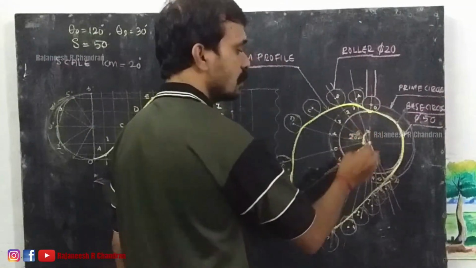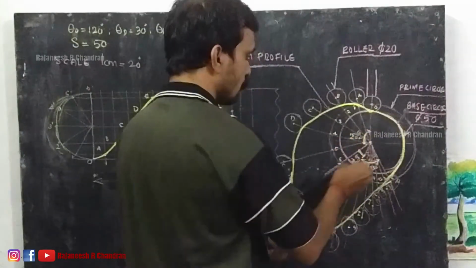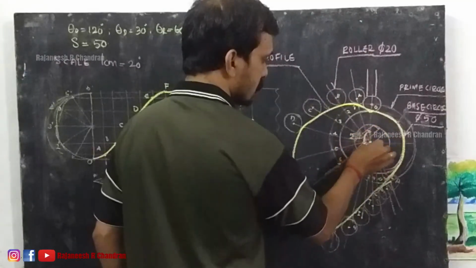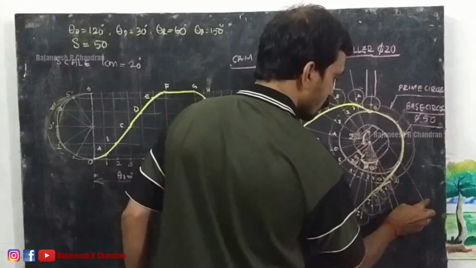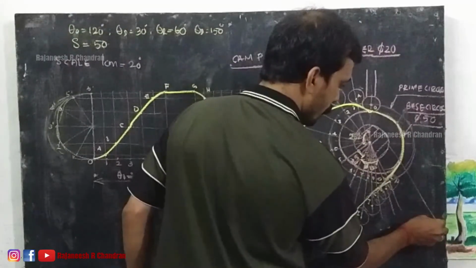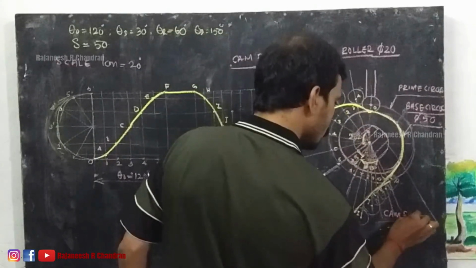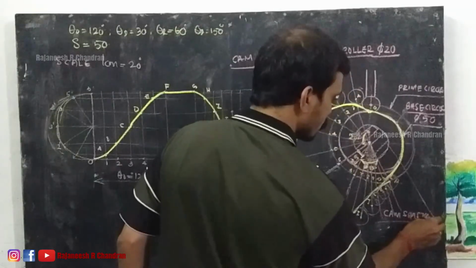Camshaft means it will be concentric with the cam. So here will be the camshaft of diameter 25. We can hatch this, indicating this as a camshaft.